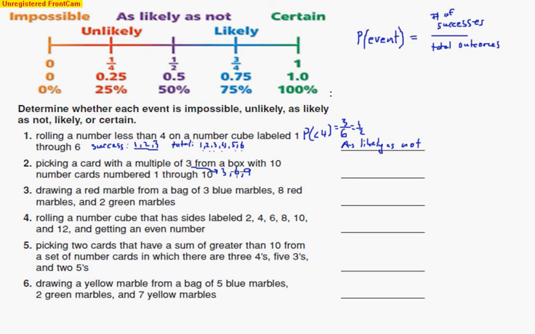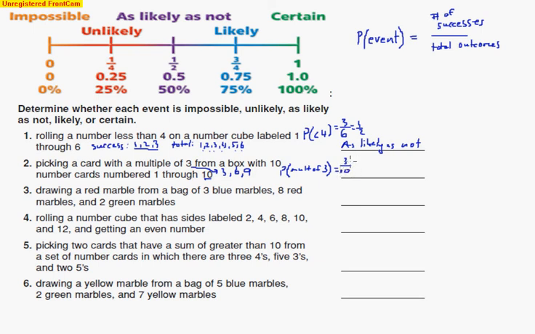These are the successes. So our probability of selecting a multiple of 3 has a top of the fraction of 3. The bottom of the fraction is numbers 1 through 10, so there are 10 total. This is our total, so that's why it goes on the bottom.